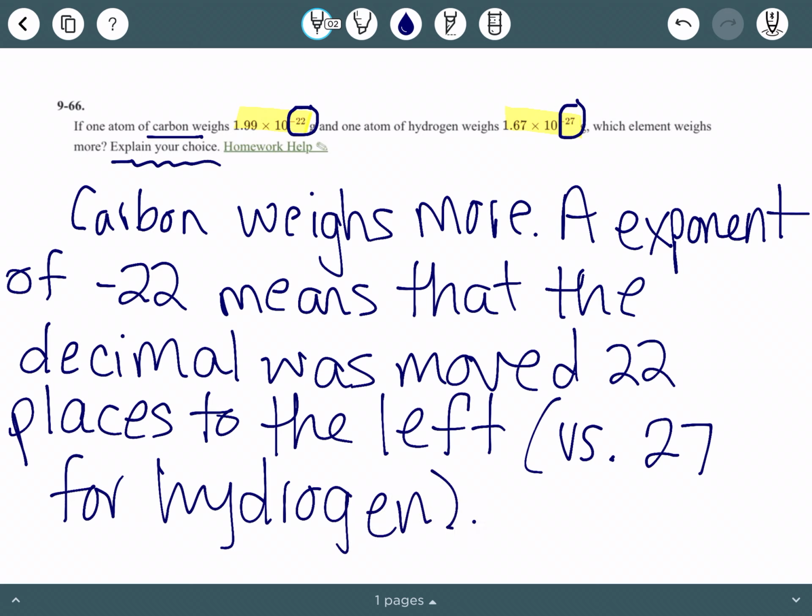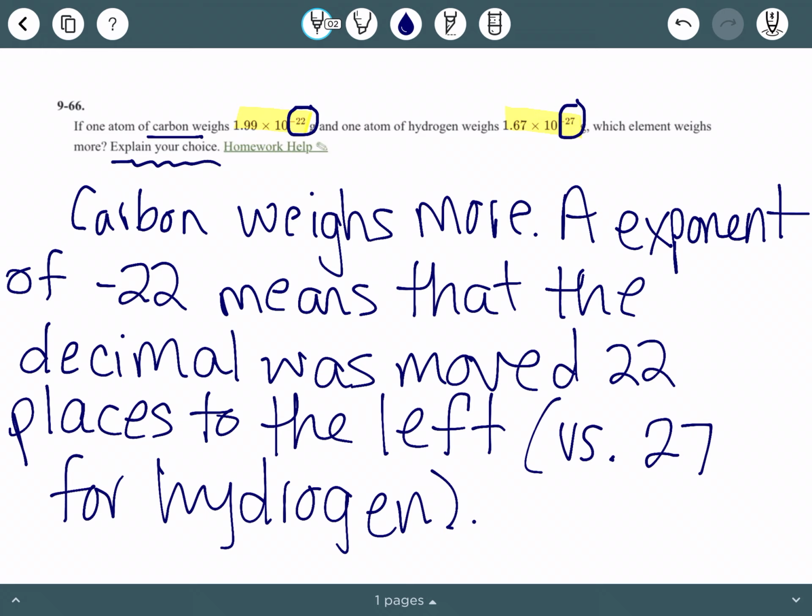Now, if you're somebody who's saying, but hold on, 27 is greater than 22, well, not when we are talking negatives, so be careful with that. And you also want to remember that with scientific notation, we are concerned with how many times the decimal is moving, not how many zeros are being added.